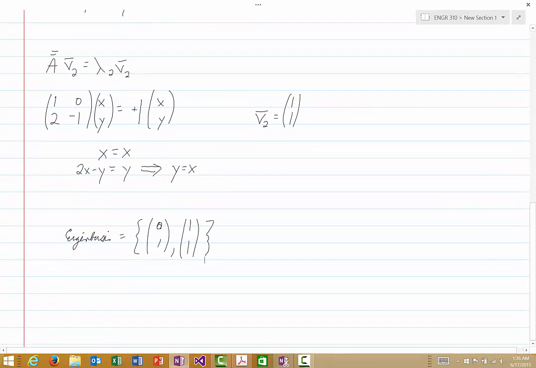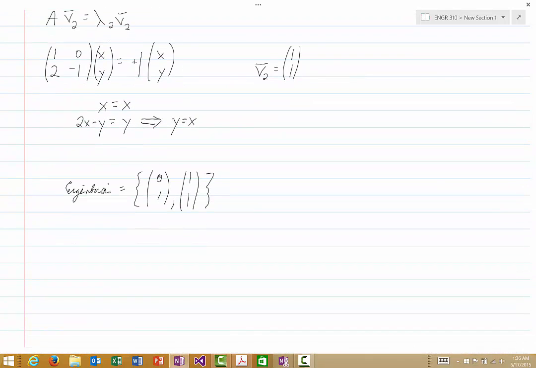Now, in a case where a matrix has a complete set of eigenvectors, and remember that doesn't necessarily mean that there are no repeated eigenvalues. Even in some cases where we have a repeated eigenvalue, the matrix may still have a complete set of eigenvectors. And of course, if all of its eigenvalues are different, it certainly has a complete set of eigenvectors.